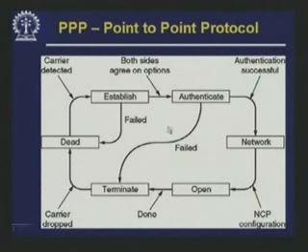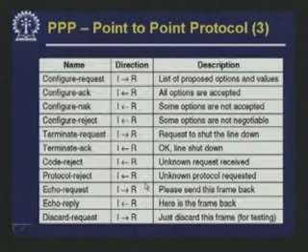For that, they will require some authentication, that means the two sides must agree on configurations, etc. If it fails to establish, then it goes back to dead. If authentication is successful, then of course the network is open, and then there is some transmission of data, and then finally it will terminate. So, for all these there is data exchange.